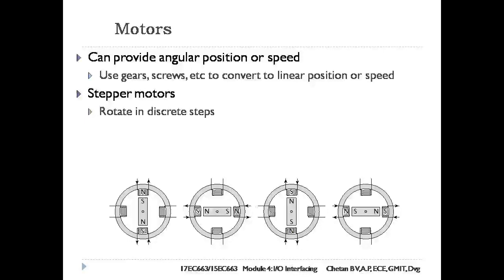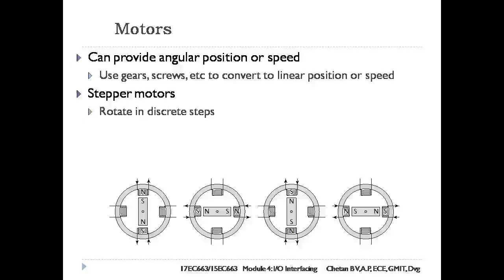Stepper motors rotate in discrete steps. The motor consists of a permanent magnet rotor mounted on the shaft. Surrounding the rotor is a stator with a number of coils that can be energized to form electromagnetic poles. The figure shows that as coils are energized in sequence, the rotor is attracted to successive angular positions, stepping around through one rotation.